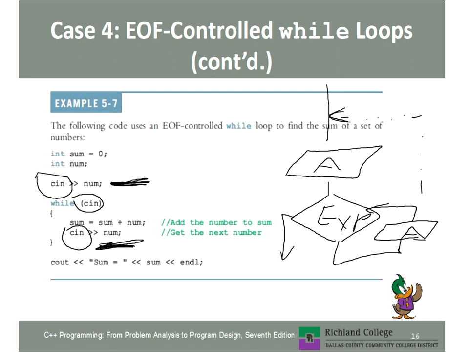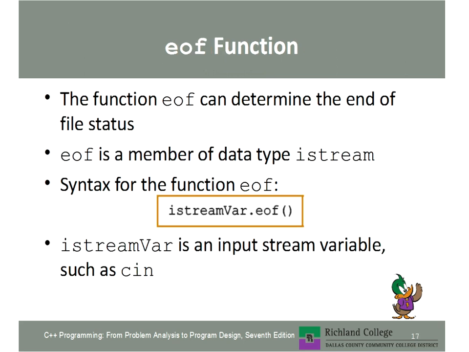In the CIN, this was a priming value, and this is the update. But you can see that CIN has a state, so that's why we are able to use CIN as a controller for the loop, and we don't have to say equal true, because the return value of CIN is going to be a Boolean value, so it can be used directly in the expression.